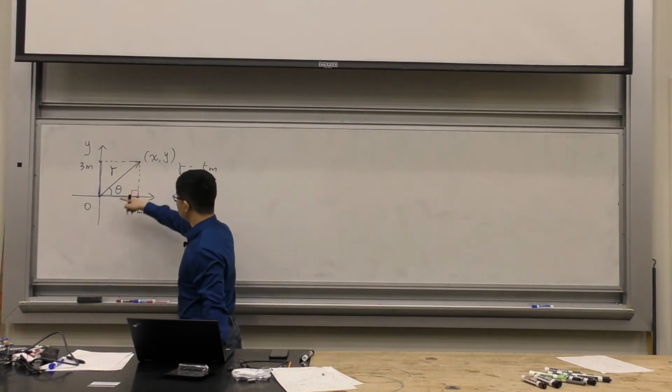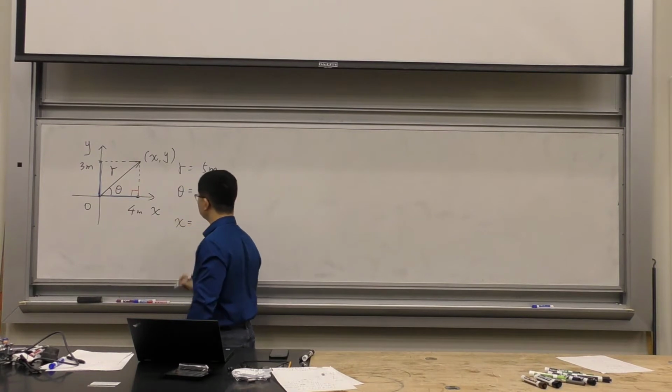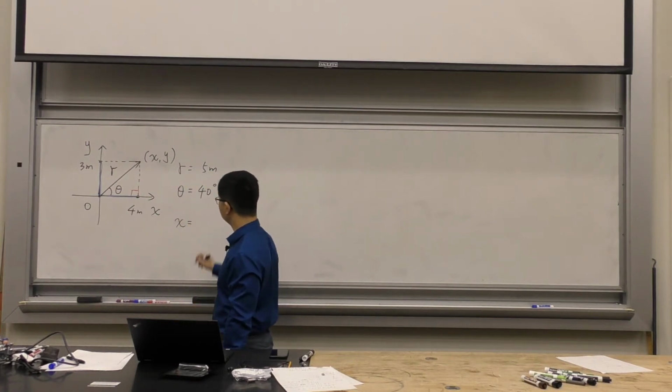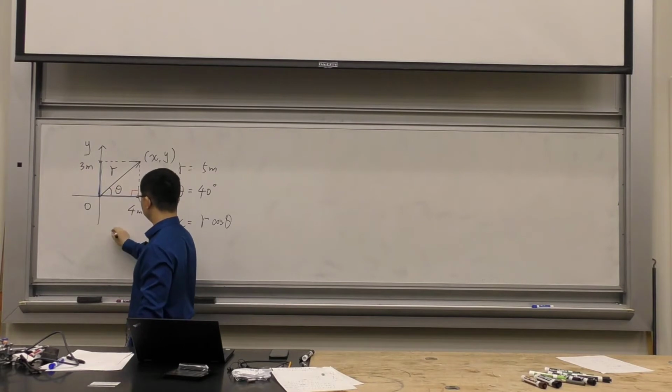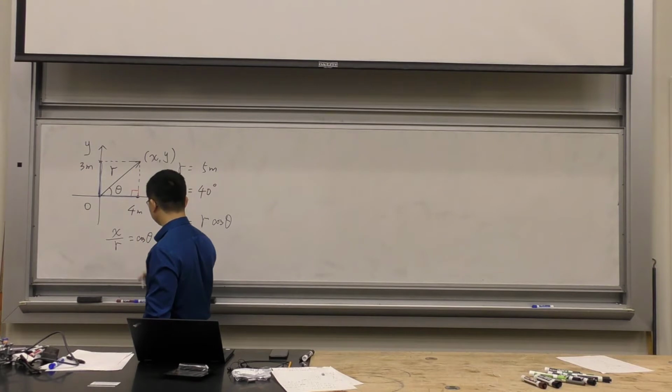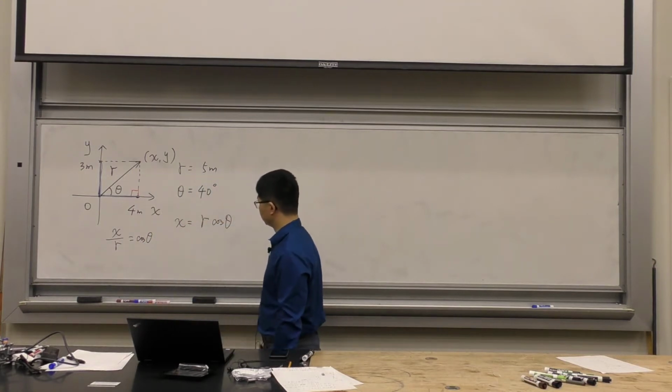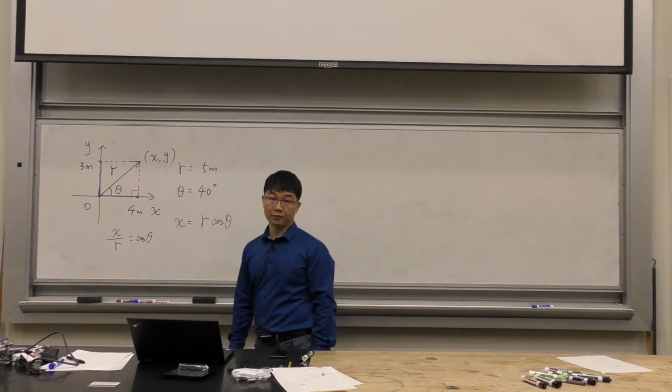So if you use this right triangle, you can find that x is going to be r times cosine theta. Because this is the theta angle, and this side is adjacent to the theta angle, so adjacent over hypotenuse is going to be cosine theta. You rearrange that, you can find x if you know r and theta.